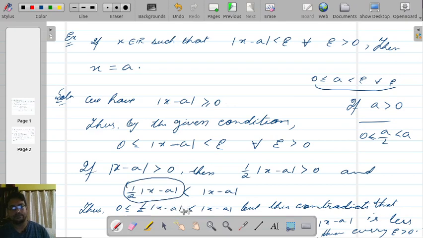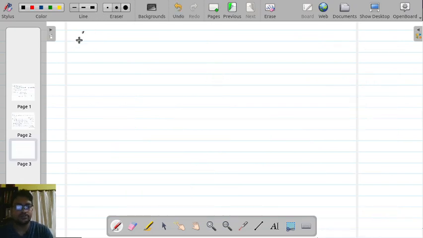So this contradicts the fact that mod of x minus a is less than every positive epsilon. Hence our assumption is wrong. Our assumption was mod of x minus a is strictly greater than 0. Therefore our assumption was wrong.